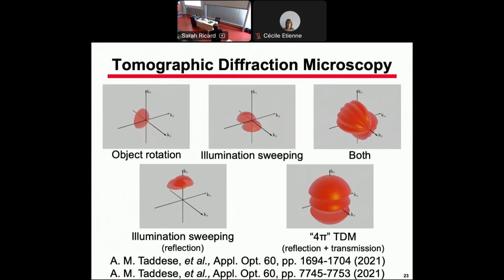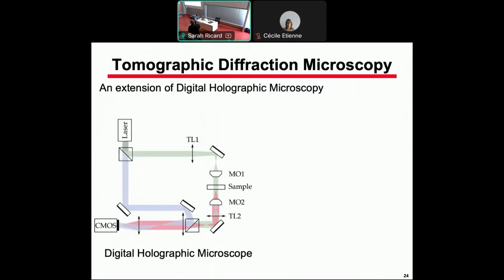Implementing these various things is not so easy. But in the case of transmission tomography, it's not so difficult because it's simply an extension of digital holographic microscopy in which we control either the tilting of the illumination or we rotate the sample.